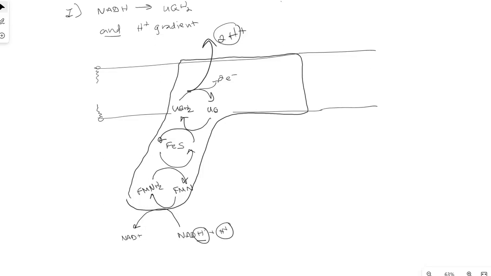These two electrons can enter another sequence of iron-sulfur centers, which also pump two more protons from one side to the inner mitochondrial membrane space, and then kick out the same two electrons, which can then continue through the system.